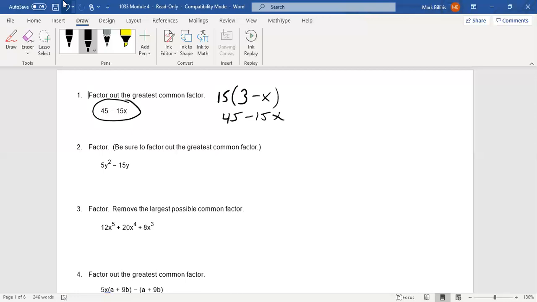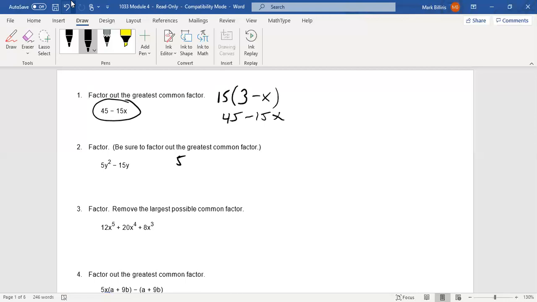So the next problem, it says factor, and in this case, be sure to factor out the greatest common factor of 5y squared minus 15y. So when we're factoring, we remove the greatest common factor. So what you do is you look at the coefficients first, the 5 and the 15. What's the largest number that divides into 5 and 15? And that would be 5.